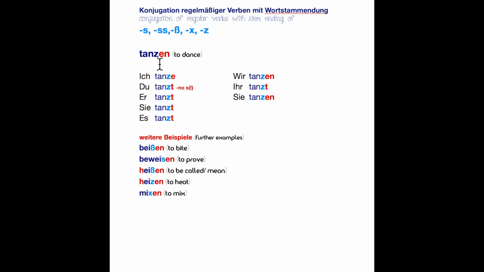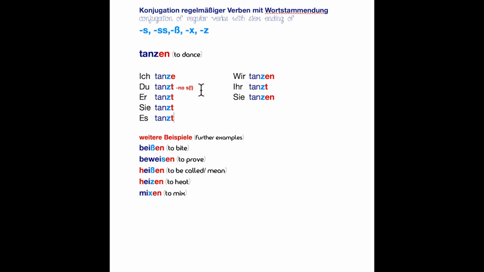Now, I have chosen the word tanzen, to dance, to give you an example of this again. If you have the word stem ending in Z, as it is here, tanz, you go ich tanze, like we had before. The first person is very easy.